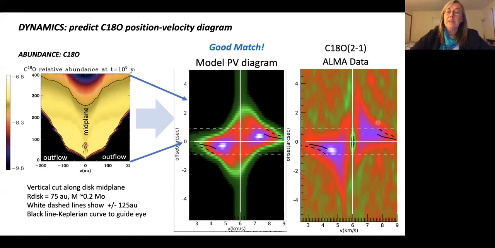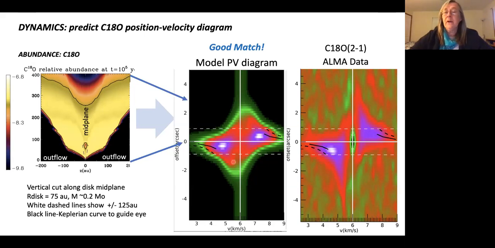The gas that we see, the velocities are significantly higher outside, more than 0.5 kilometer per second from the systemic velocity, and they match what is expected through gravity, both infall and rotational motions.